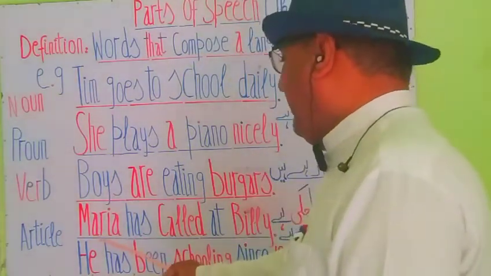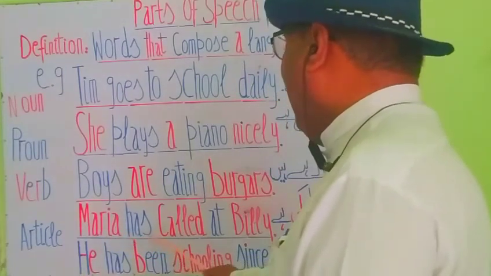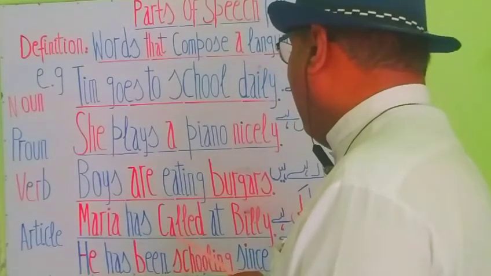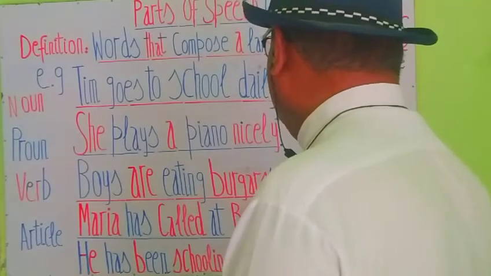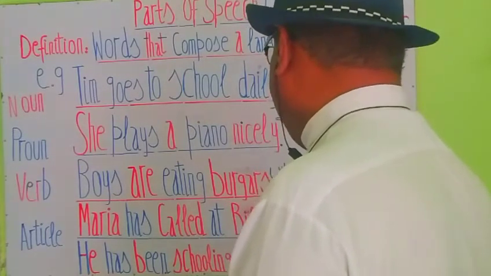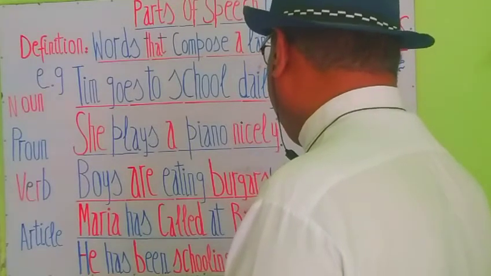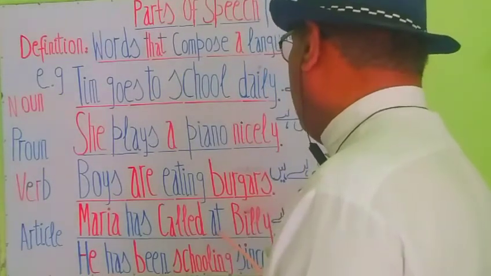In this phrase you see, Maria is a noun, has is a helping verb, called is a verb, at is a preposition, and Billy is a noun. Billy is a name of a person, and at is a preposition.